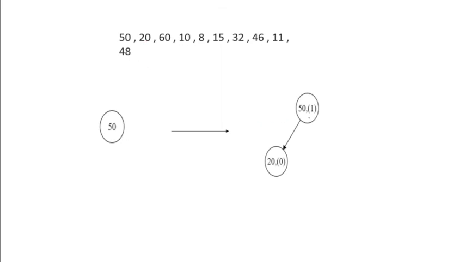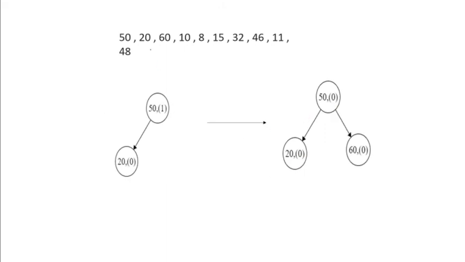So 20 got inserted, and I have represented the balance factors in brackets. 20 is less than 50, so I represented 20 to the left of 50, and there is no problem with the balance factor because it is 0 and 1 only. Next, I want to insert 60. So 60 comes to the right of 50, and you can see the balance factors are all zeros.